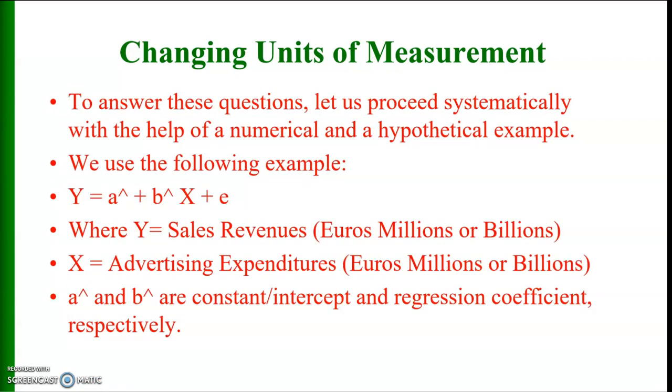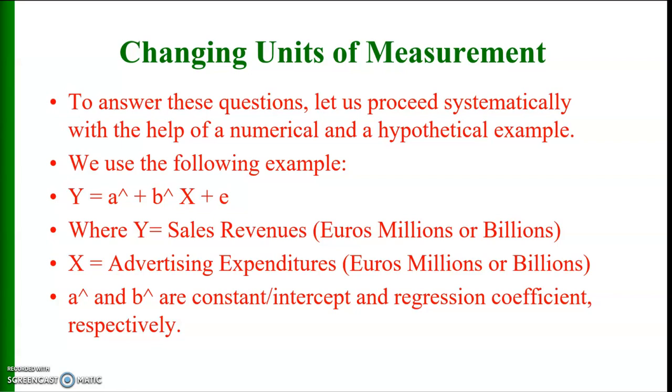To answer these questions, we will proceed with the help of a numerical but hypothetical example, and we will use the following regression model, where y is a function of a hat plus b hat x plus e, where y defines sales revenues either in millions or in billions of euros, and x stands for advertising expenditures which are measured either in millions or in billions of euros.